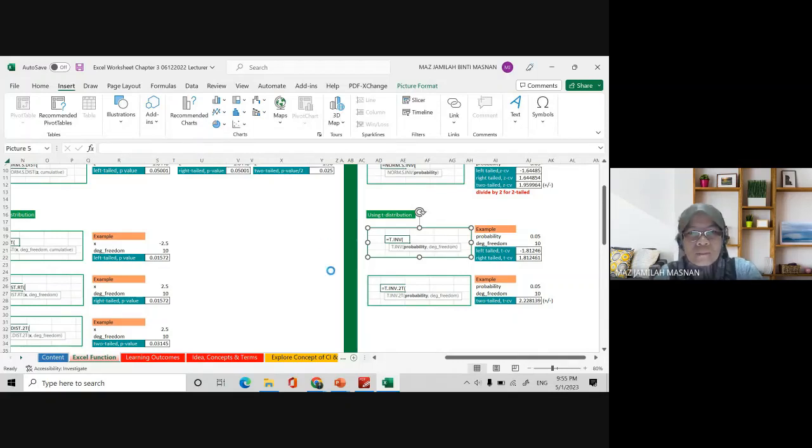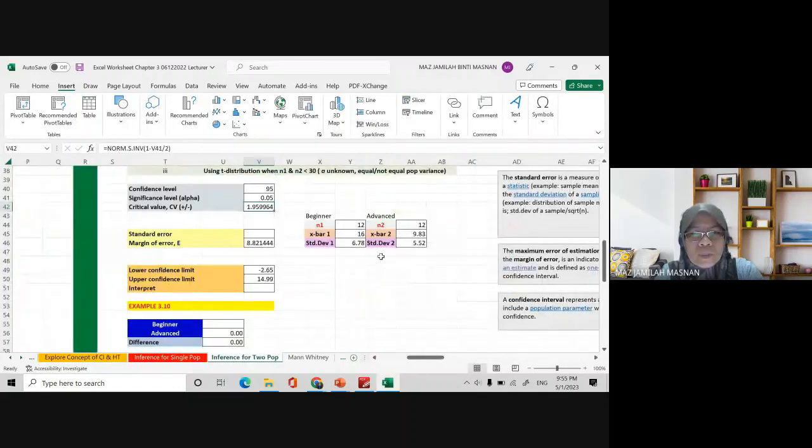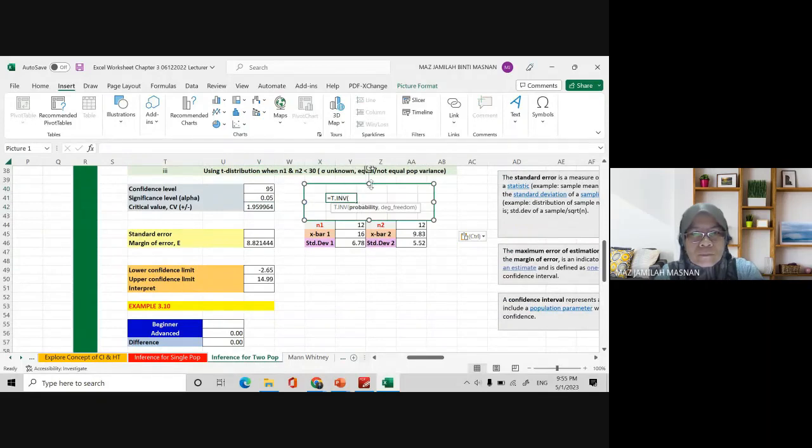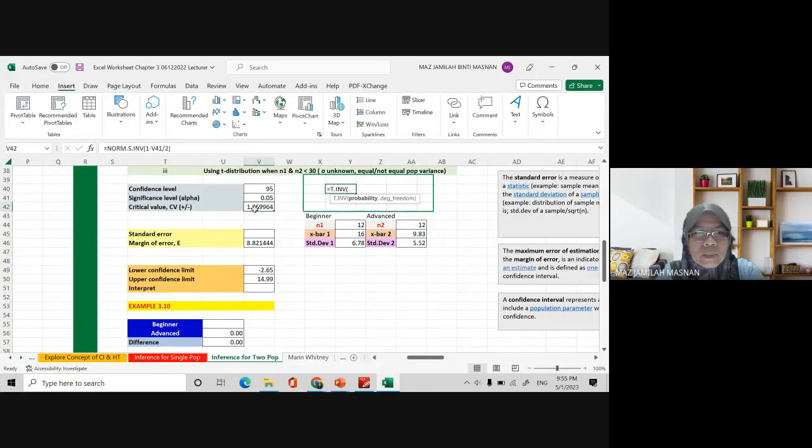Control C. Okay, I put it here. It should be T inverse. Let me correct this.